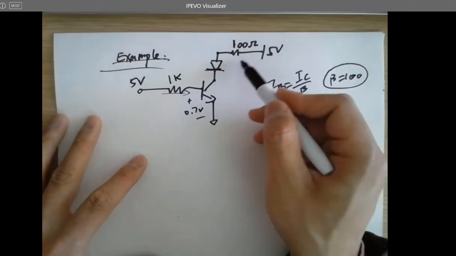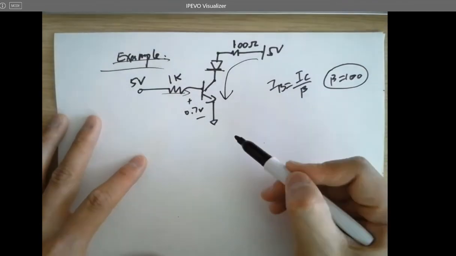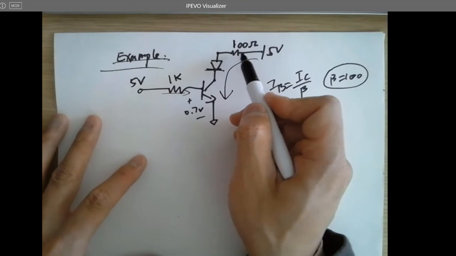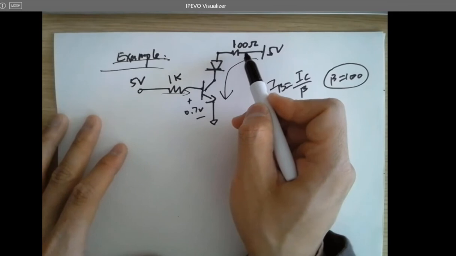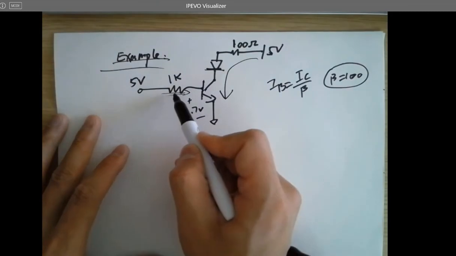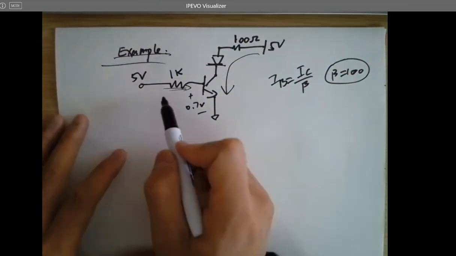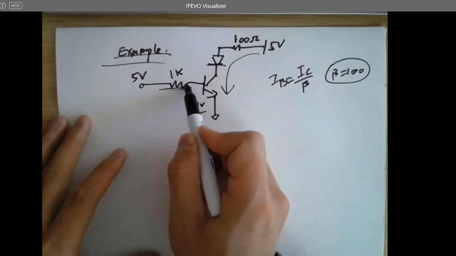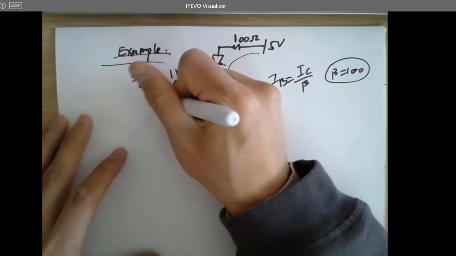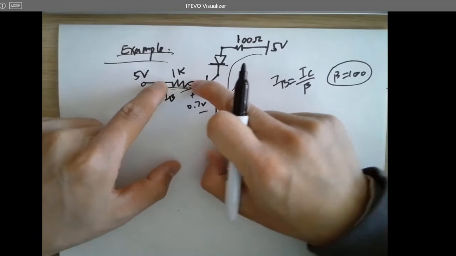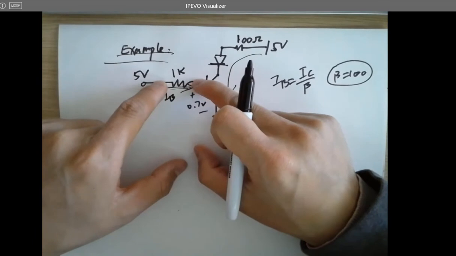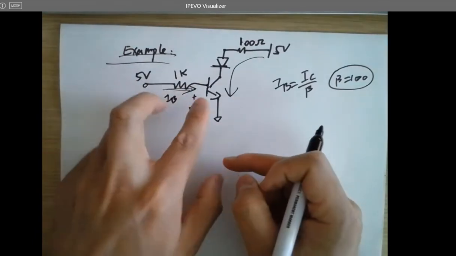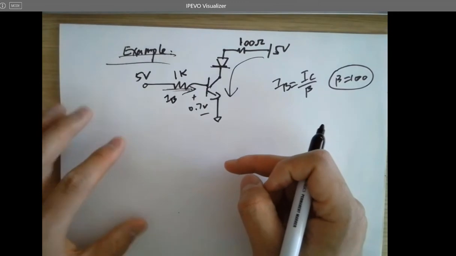If you know IC, you know this current, and you know the voltage drop across this resistor, you can find out if this resistor is appropriate or not. Let's take a look at it. So, if you want to know IB, you must know the voltage drop across this resistor according to Ohm's law. You know this is 0.7 volts, so it's going to be 4.3 volts.